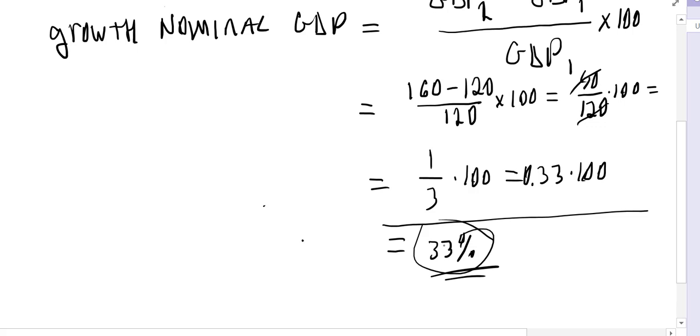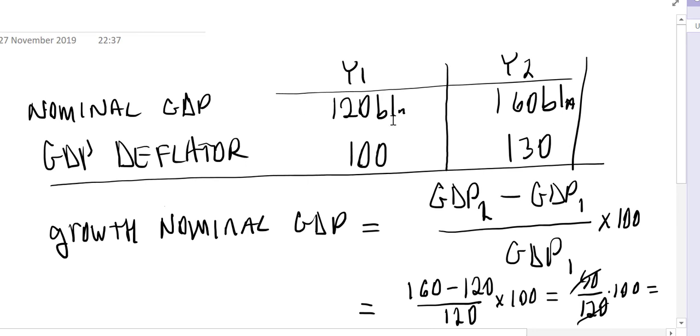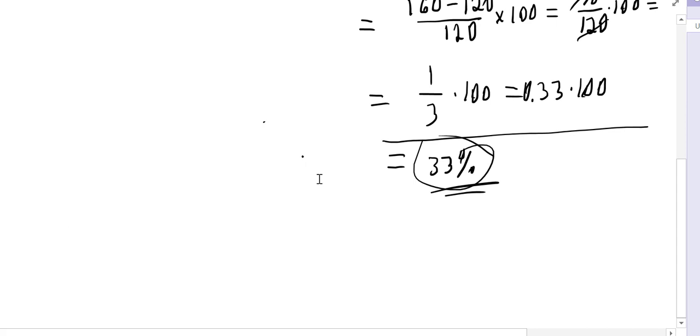That's a lot of increase. Now let's do this. We will now deflate nominal GDP by the GDP deflator, so that we can adjust the GDP for inflation in these 2 years.